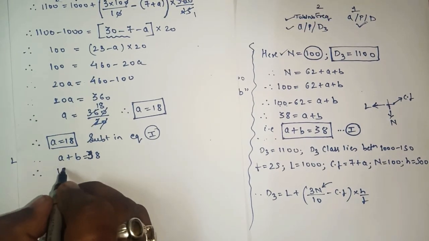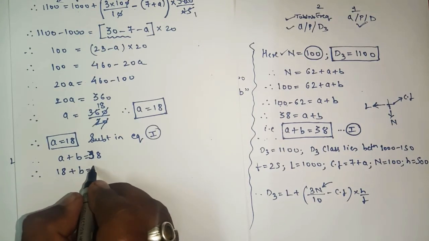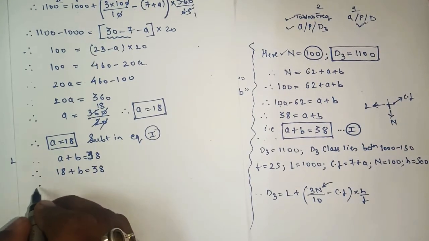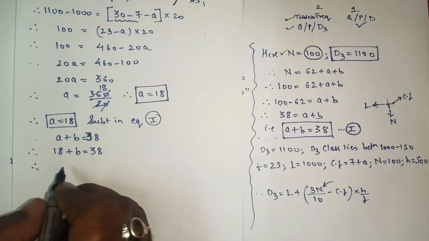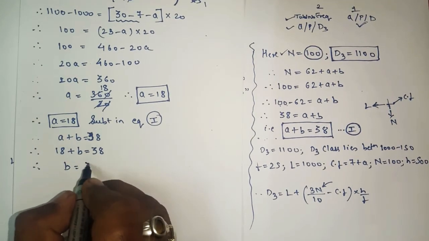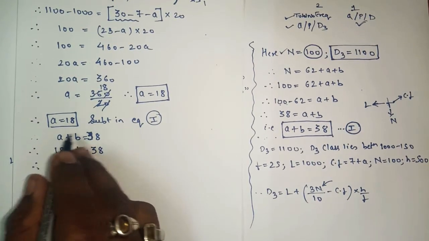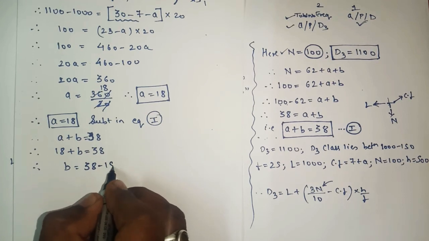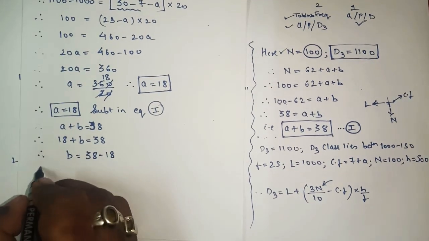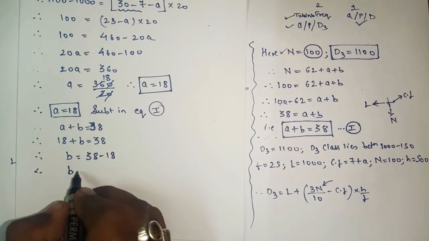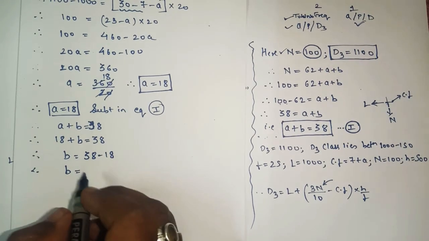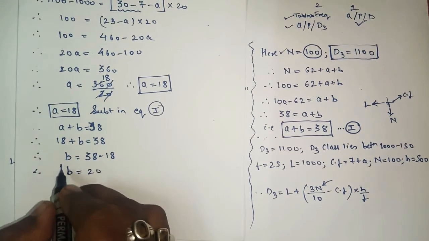A is 18, plus b equals 38. Therefore, again, one side alphabet, one side number. This positive 18 will go to the right hand side, so it will become minus. Therefore b equals 38 minus 18. Here you will get 20.